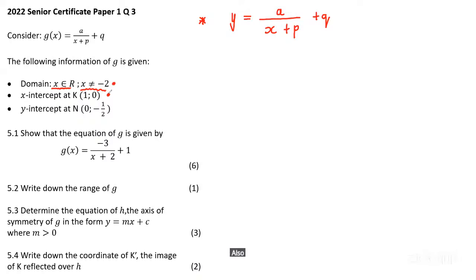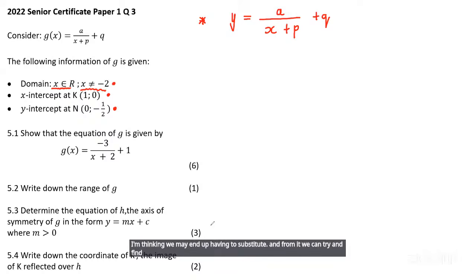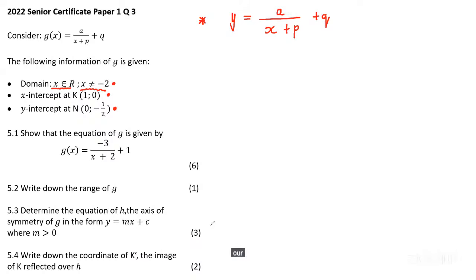Also, because I've got an x-intercept at (1, 0) and a y-intercept at (0, negative half), I'm thinking we may end up having to substitute, and from it, we can try and find our particular simultaneous equation. I want us to think together.